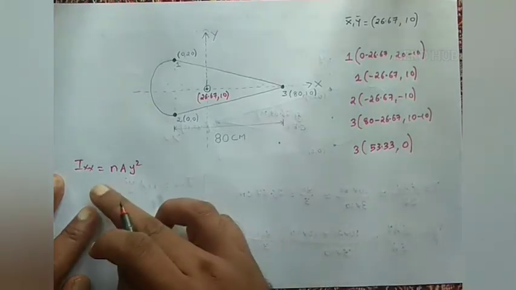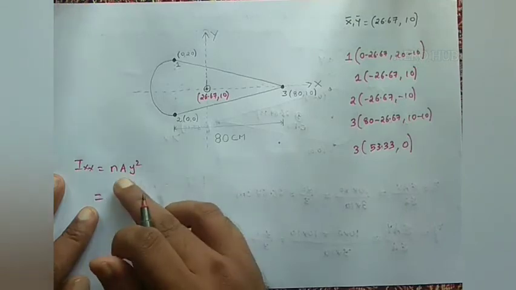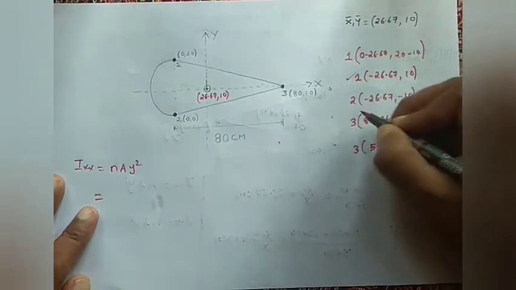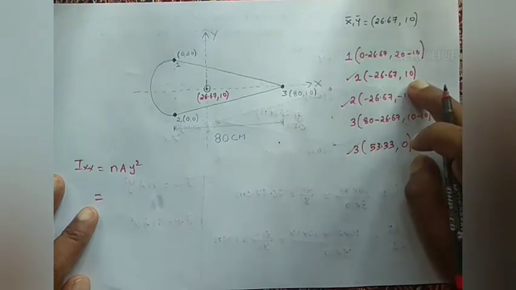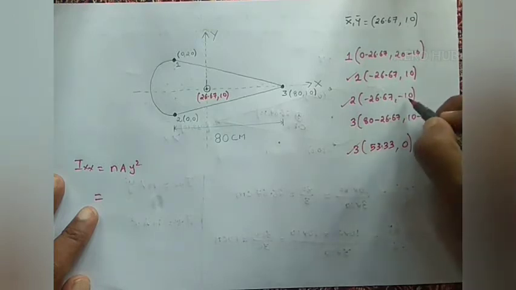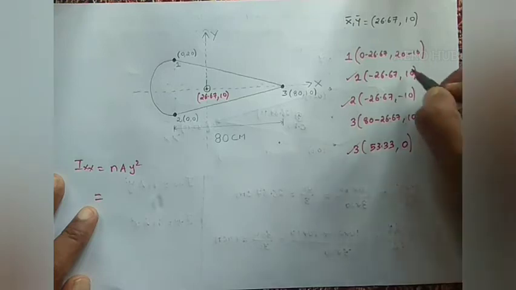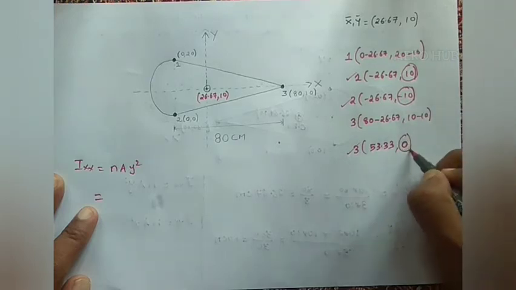Now we will find out the value of Ixx. We have 3 boom areas, and these are the coordinates we have to consider. For point 1 we have y coordinate 10, for point 2 we have y coordinate minus 10, and for point 3 we have y coordinate 0.